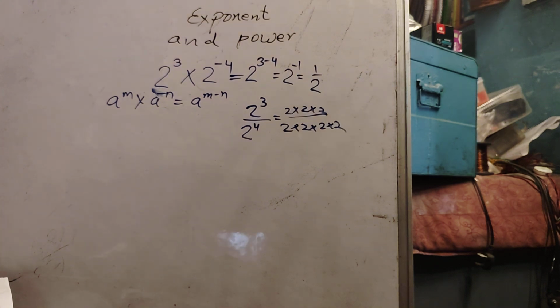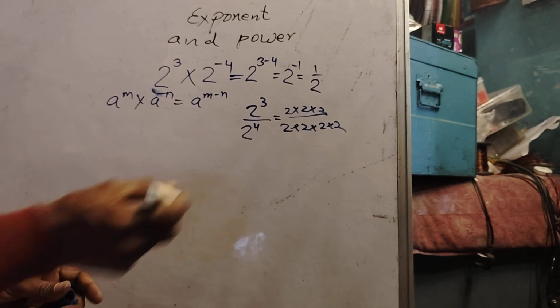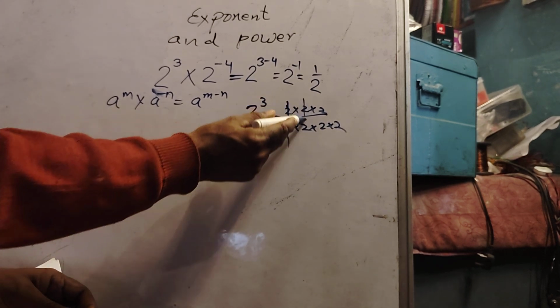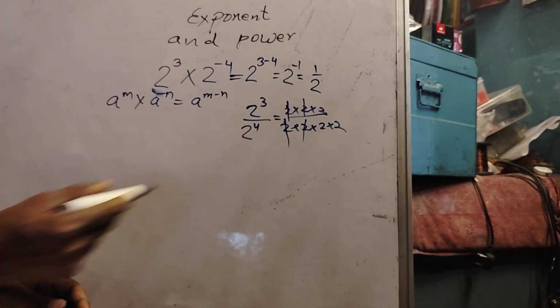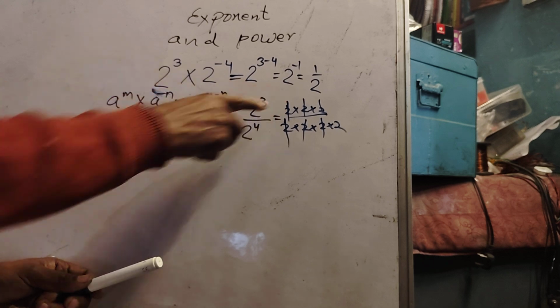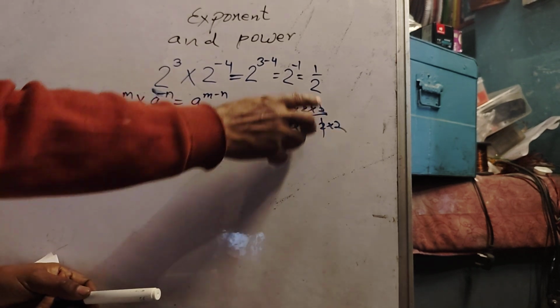Now we can say this numerator 2 cancels this denominator 2. Again this numerator 2 cancels this denominator 2. This numerator 2 can cancel this denominator 2. Finally, in the numerator there is 1 and in the denominator the number left is 2. So 1 over 2 is the answer.